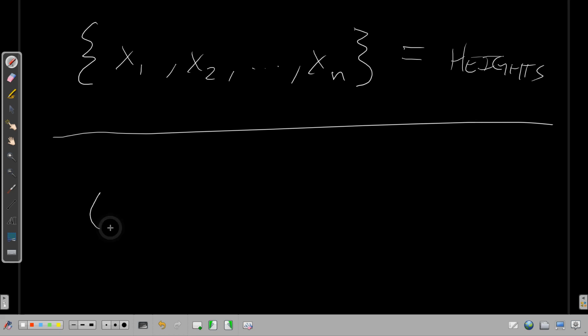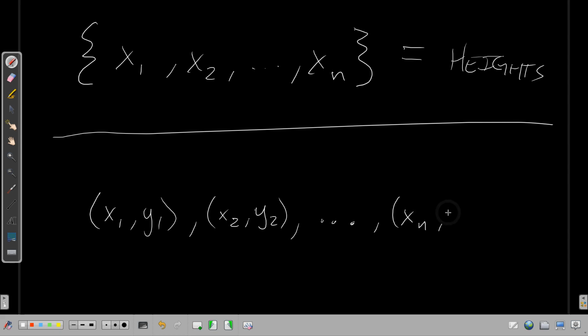But now I want to pair up someone's height with their shoe size, let's say. And so the y values here can be someone's shoe size. So I would end up with these ordered pairs of data. You have pairwise data, you would say. And maybe this is my data set.